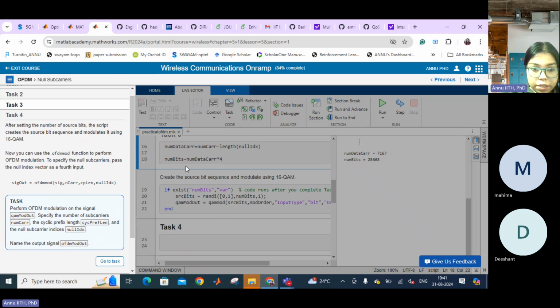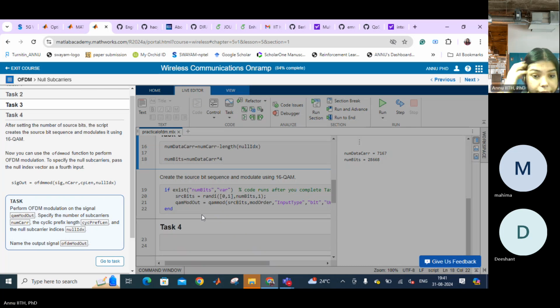Okay, that is source bits, number of bits it is creating, and then it is modulating. Sorry, it is QAM modulation. Source bit, modulation order input. Okay, after QAM modulation, you will do the IFFT or OFDM mod, right?